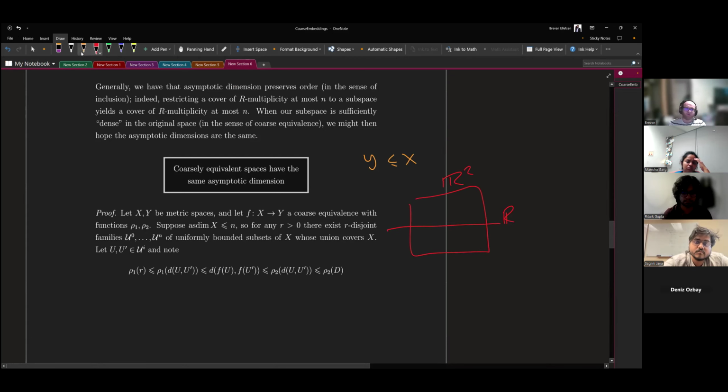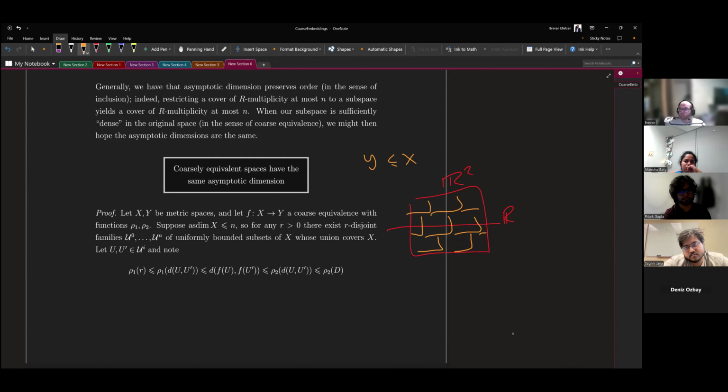And if you cover R2 in any natural way, like via some type of tiling, you look at what this looks like on the real line, and you may get a bunch of intervals, you may get something weirder. It depends on what you've chosen.